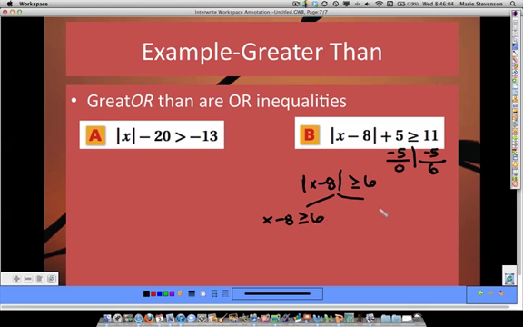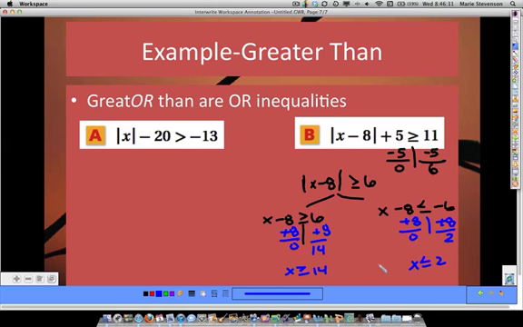Here's the positive, and here's the negative. So these are both single-step equations. So I get x greater than or equal to 14. And I get x less than or equal to 2.